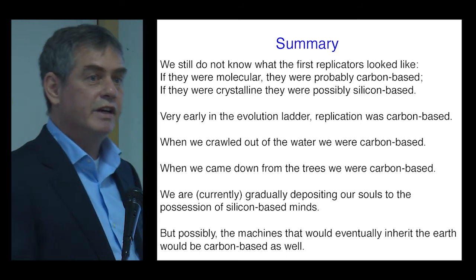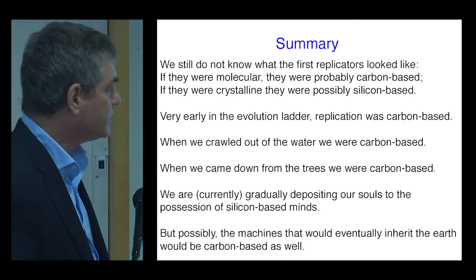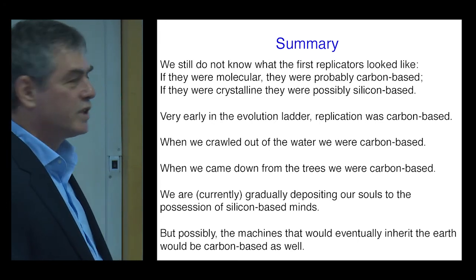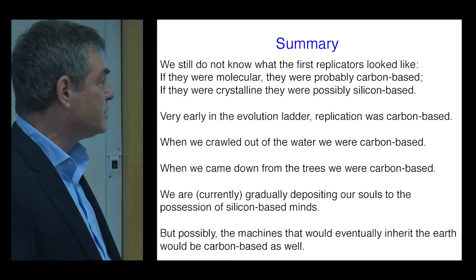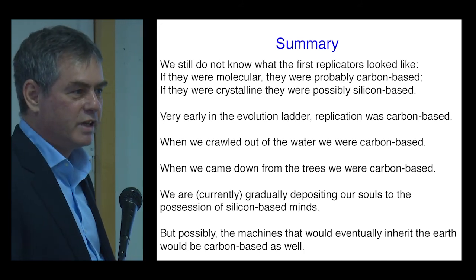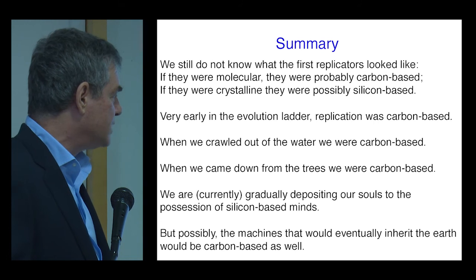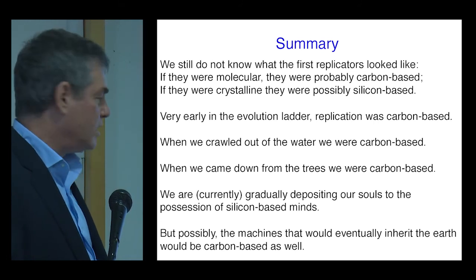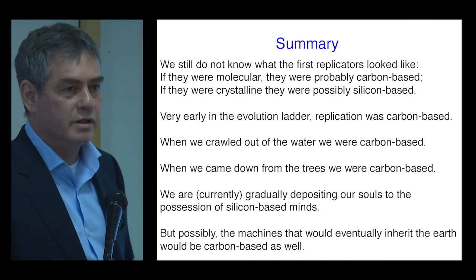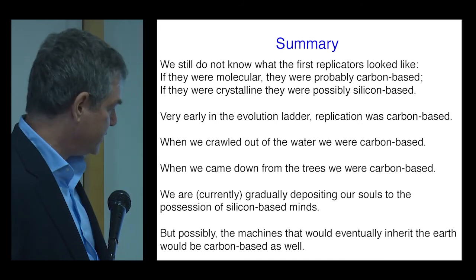But very early in the evolutionary ladder, replication was carbon-based. When we crawled out of the water, we were carbon-based. When we came down from the trees, we were carbon-based. And we're currently depositing our souls into the minds of silicon-based machines, but possibly in the future, the machines that would eventually inherit the Earth would also be carbon-based.